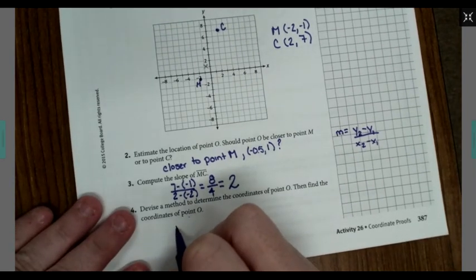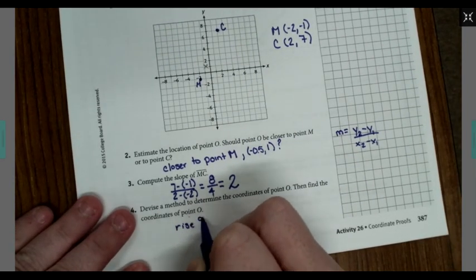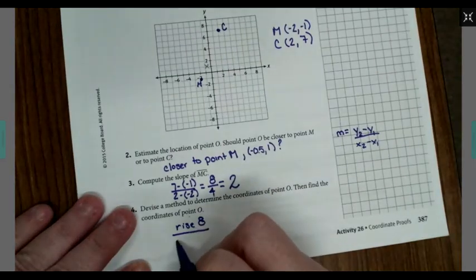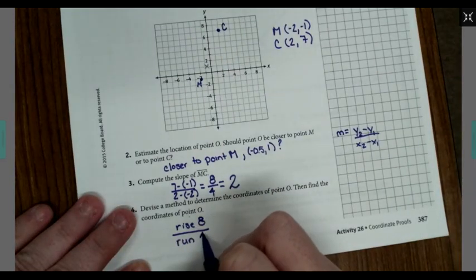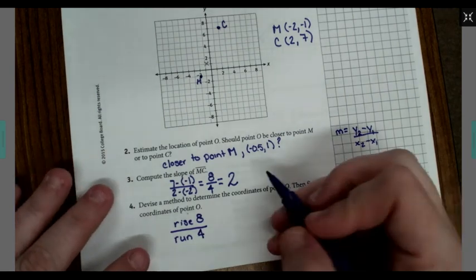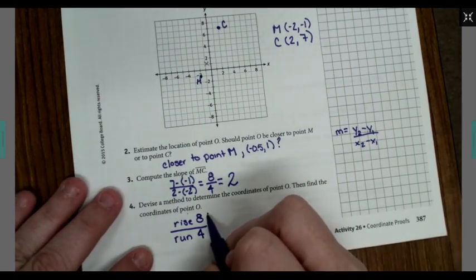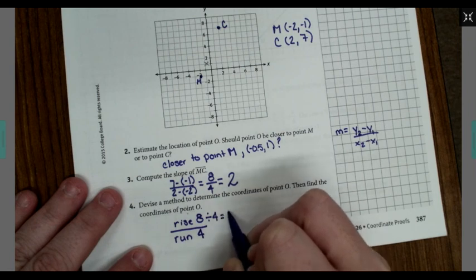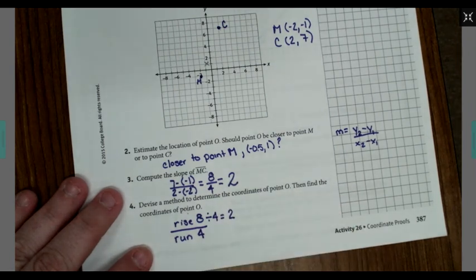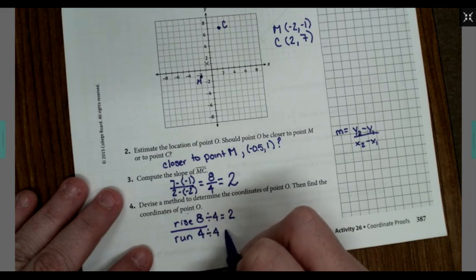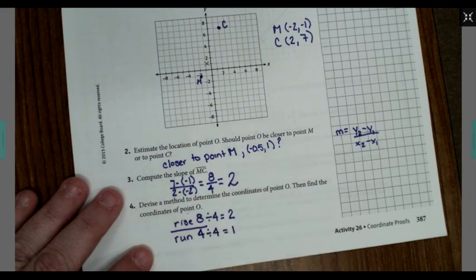We rise 8. Overall, from M to C, we run 4. I'm only going 1/4 of the distance. So let's do this. Let's divide this by 4. That gives me a rise of 2. Let's divide this by 4. This gives me a run of 1, right?